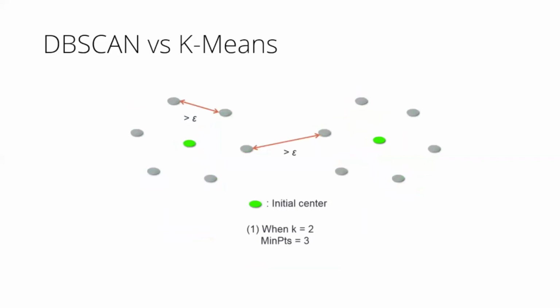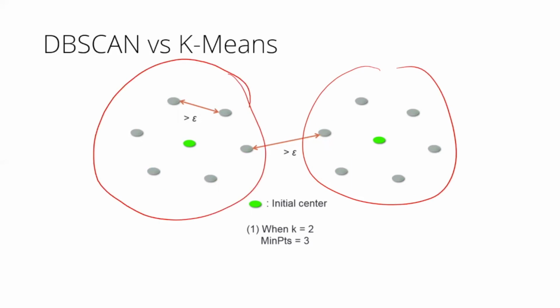Now, here's a situation where k-means might be better than DBSCAN. So here we have 2 clusters visually. However, let's say epsilon happens to be too large, so that the distance between the clusters is not sufficiently large with respect to the epsilon value.